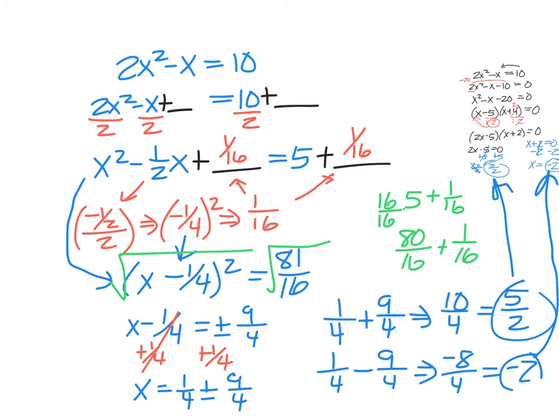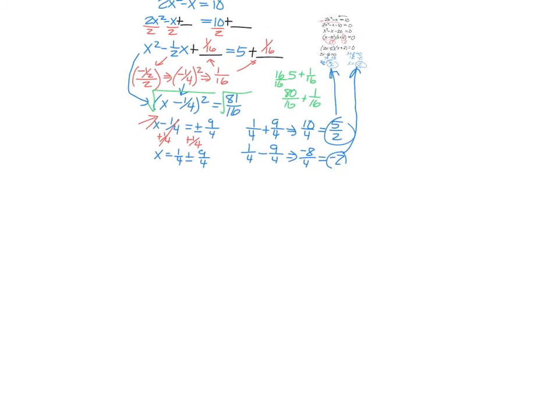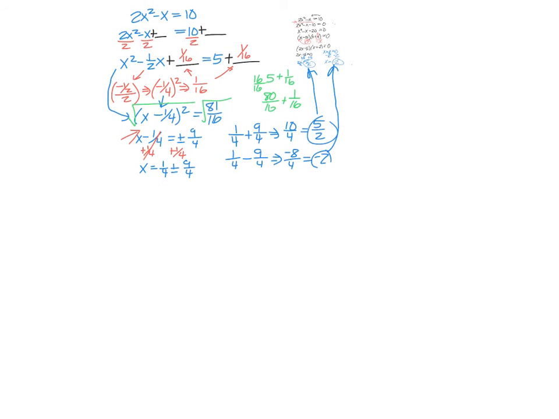Now, let's take that back just a second and let's talk about graphing, okay? So I'm going to come back to this point right here. I want to shrink that down for you. And what I'm going to do is I'm now going to translate that graphically. So right here, I had x minus 1/4 squared equals 81/16, sorry.